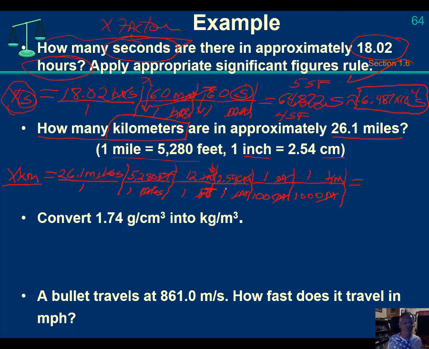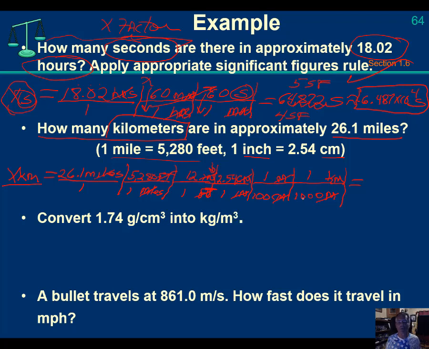It's a multi-step conversion. So when you put this in your calculator, here's what I recommend. You go 26.1 miles times 5,280 divided by 1 times 12 divided by 1 times 2.54 divided by 1 times 1 divided by 100 times 1 divided by 1,000.